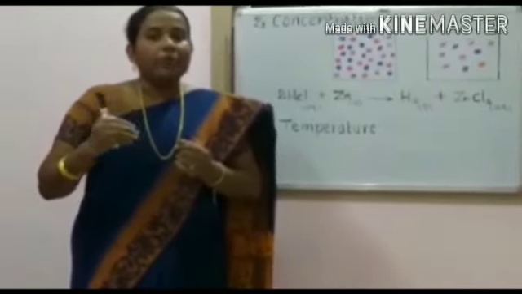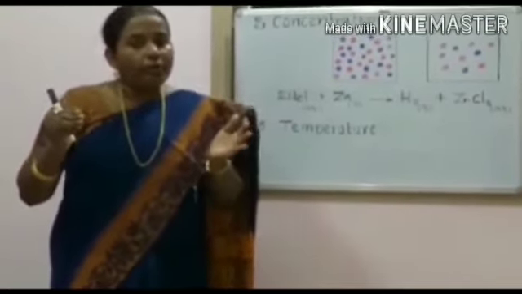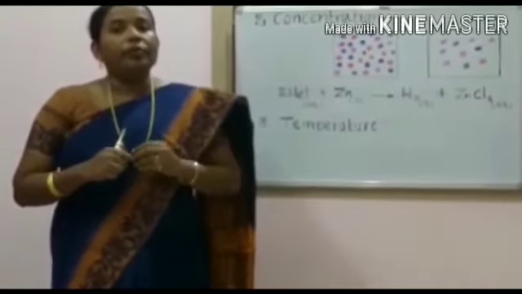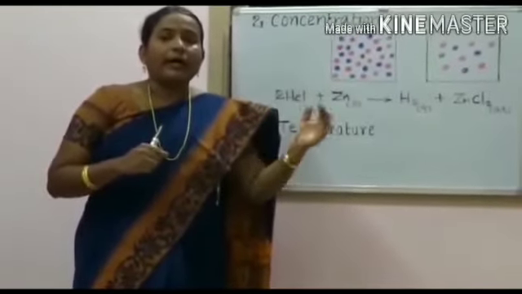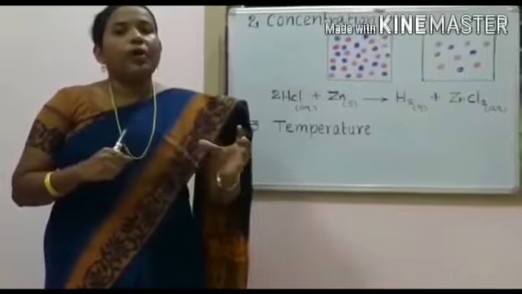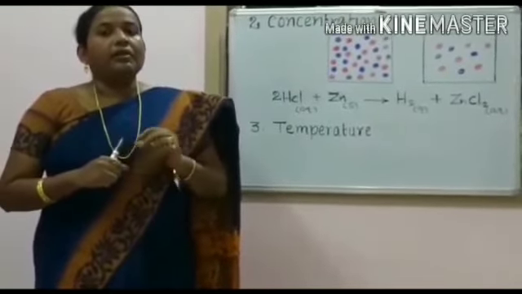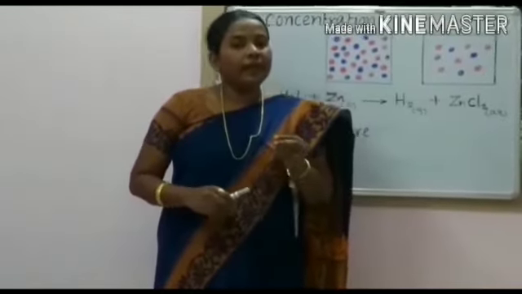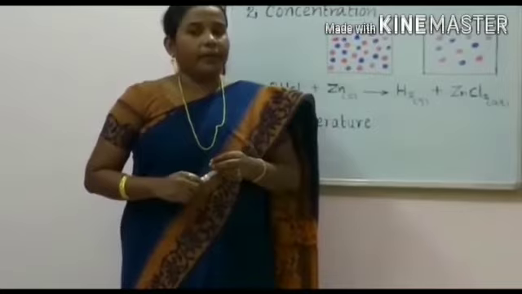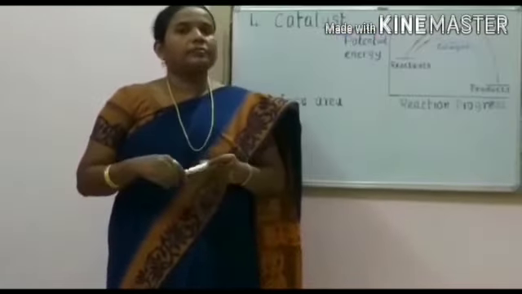So, the reactant molecules move faster. So they collide more frequently. Therefore, more particles will come over the activation barrier to form products. So when we increase the temperature, the reactants are quickly converted to products. For every 10 degrees centigrade rise of temperature, the rate of the reaction doubles.